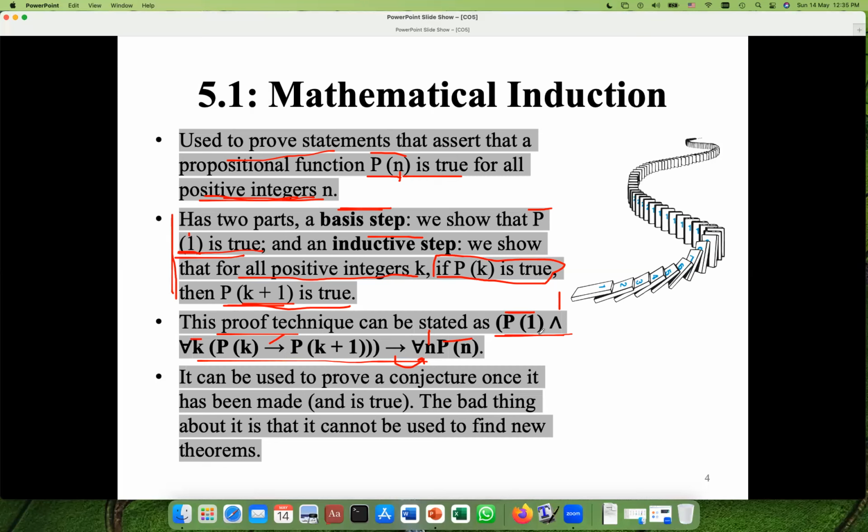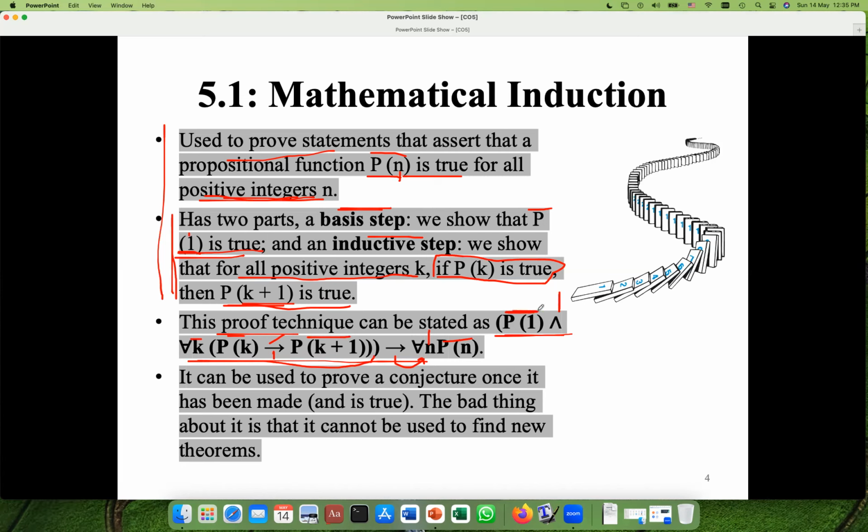So what is this mathematical equation saying? It is saying the whole story that we have already narrated. First you have to check that P(1) is true, and then conjunction "and", this is the second condition: for every positive integer k, if P(k) is true, and this arrow is an if-then condition, then P(k+1) is also true.